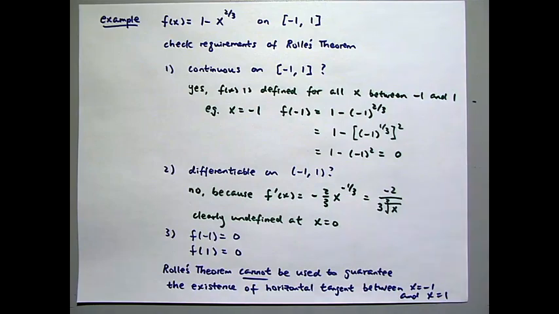All right, so now we're going to talk about the mean value theorem, which is an extension of Rolle's theorem. It actually took them a century to make that extension. But let's take a look at what this theorem says.